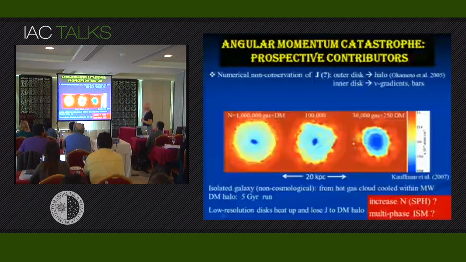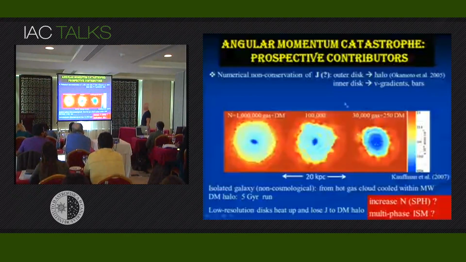Cosmologists discovered that there are bars only a few years ago, so it's only natural. And there is also excessive interaction between the outer parts of the disk with the dark matter halo and transfer of angular momentum there. And what you see here is low-resolution simulations.